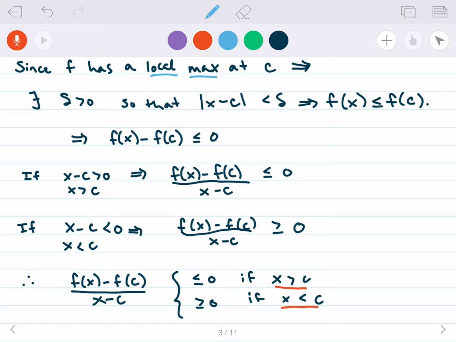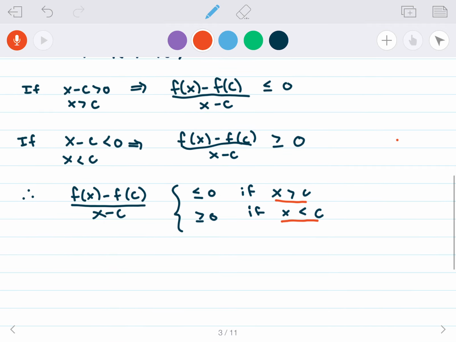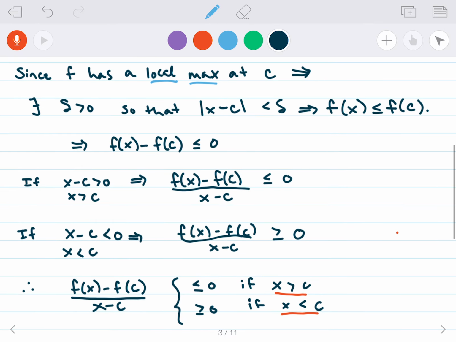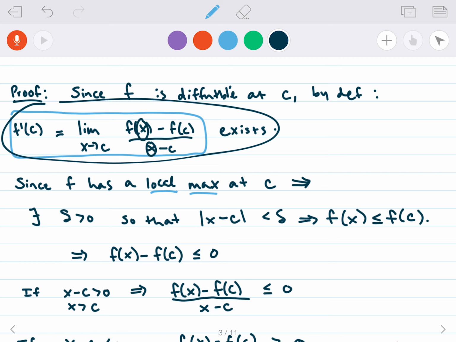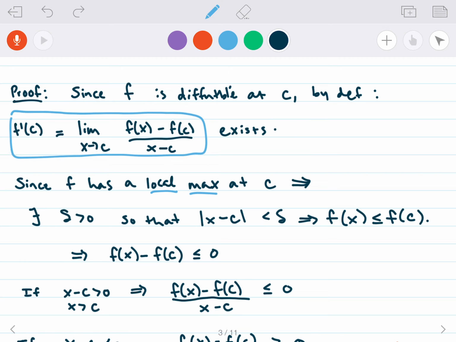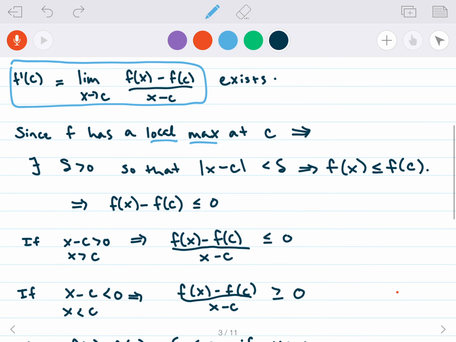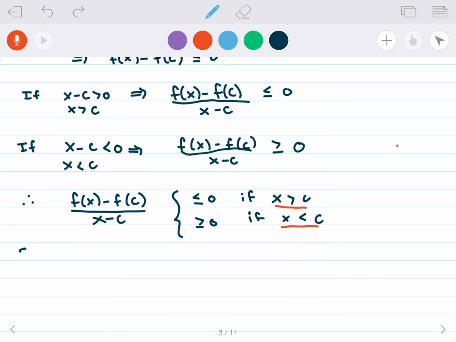Now we already said that the limit exists, right? We know that this limit right here exists. And so by the sequential criteria for limits, if I have a sequence converging to c, then when I plug my sequence in for x, that thing is going to converge to f prime of c. So let's write that down. Suppose we have a sub n.